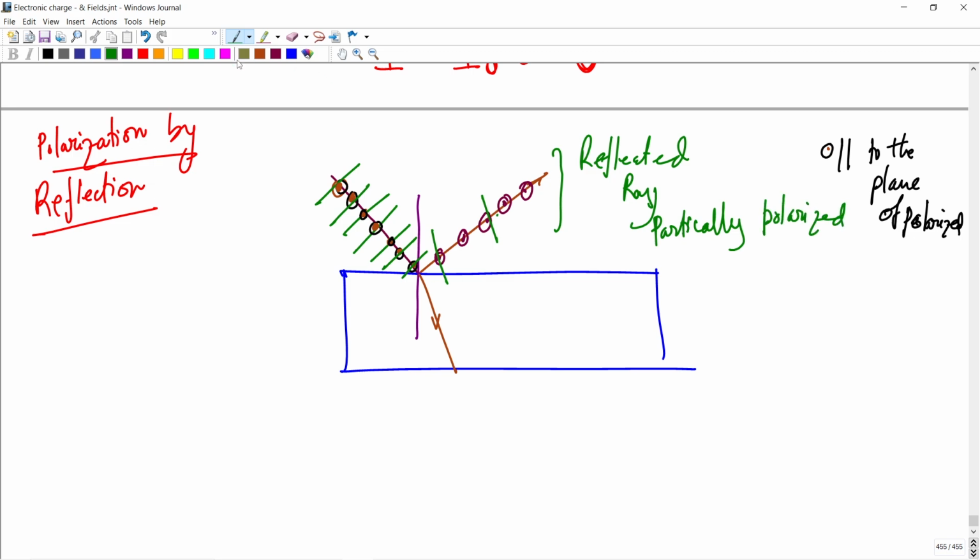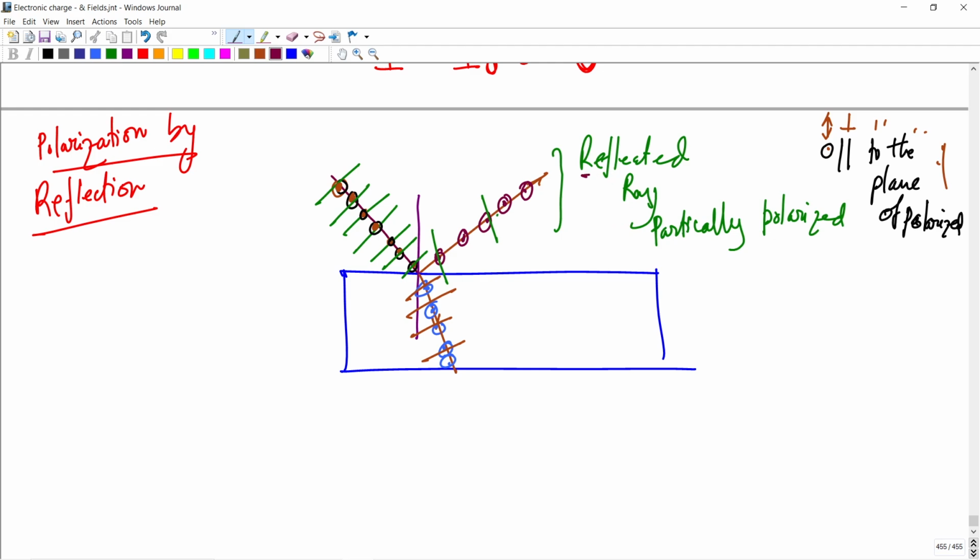And here is the refracted ray, and the line here is perpendicular to the plane of polarization.